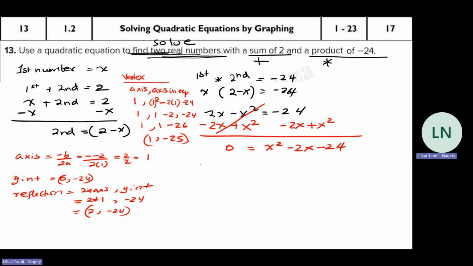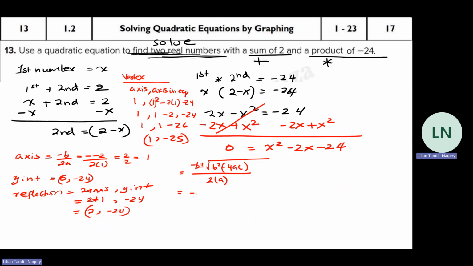So then I did the quadratic formula. Negative b plus or minus square root of b squared minus 4ac over 2a. So then I plugged in my numbers.